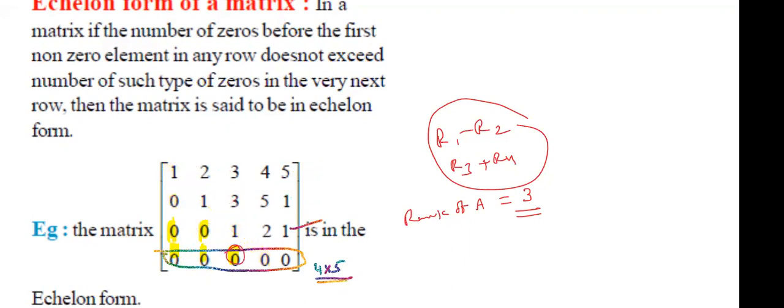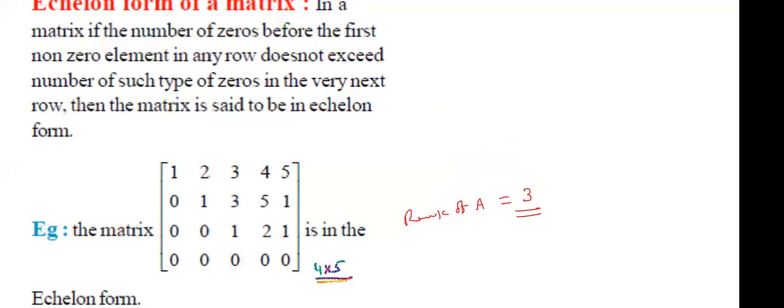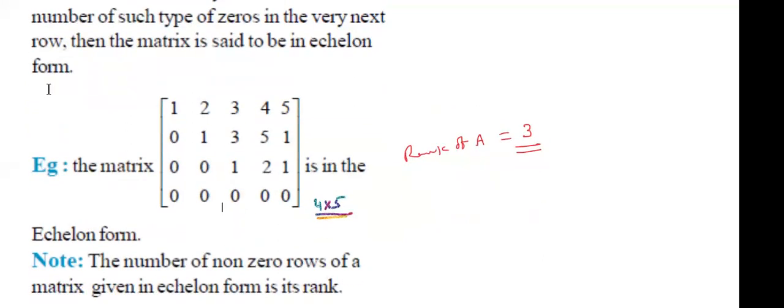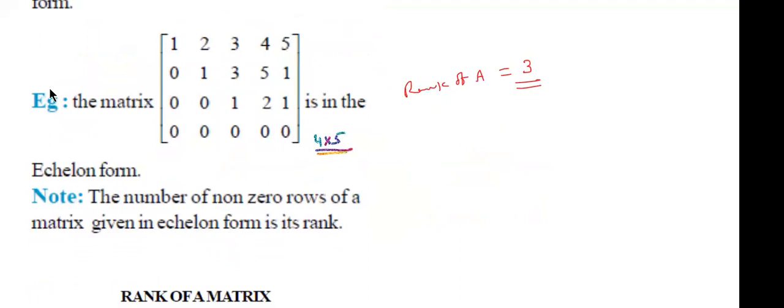What is the rank of the matrix here? 3, because there are 3 non-zero rows. See the note: the number of non-zero rows of a matrix given in echelon form is its rank. So the rank of A is 3. Suppose this is matrix A, what is the rank? 3.